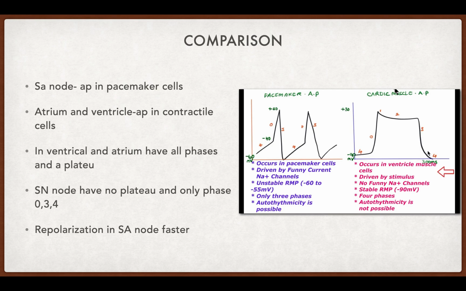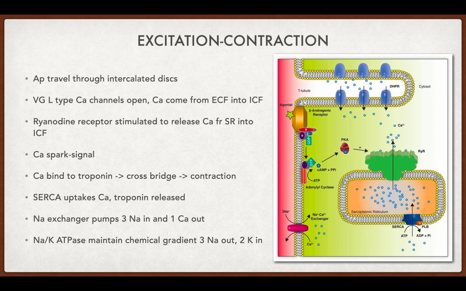While in the sinoatrial node or the atrioventricular node, there's no plateau. Repolarization in the sinoatrial node is going to be faster than in the ventricular cells. Why is that? Well, it's because there needs to be that pause in the ventricle.